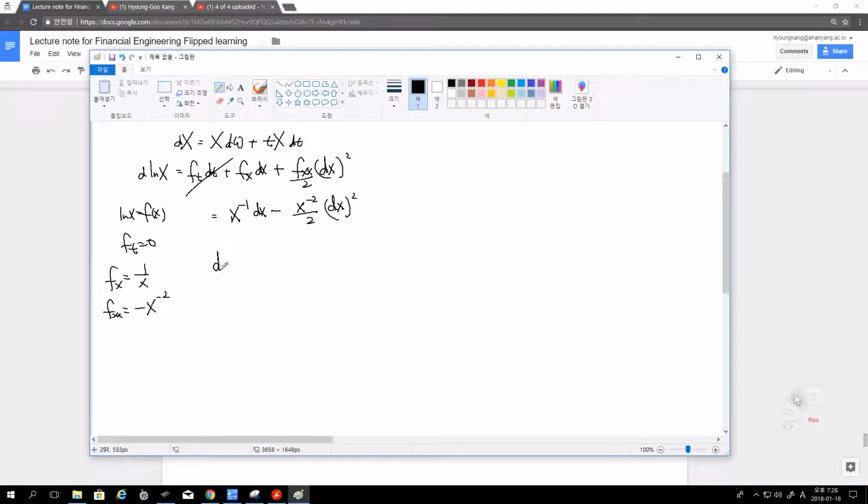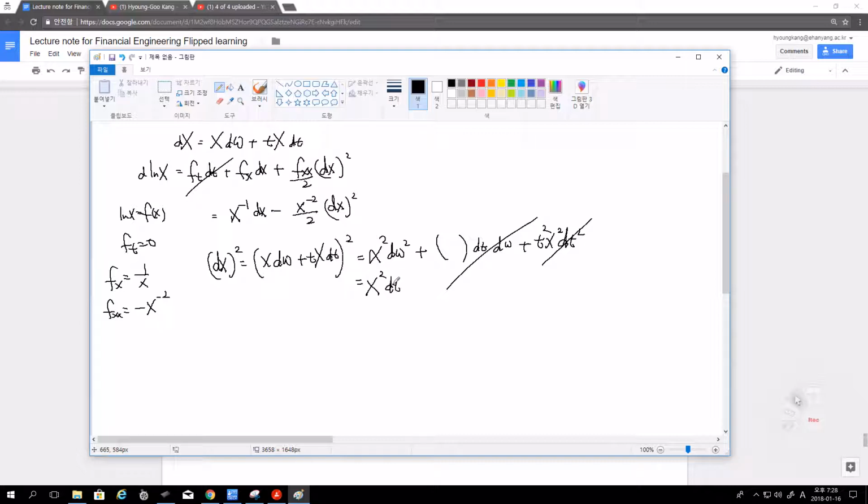But dx squared is (x dW + t x dt) squared, so basically x squared dW squared plus something dt dW plus t squared x squared dt squared. The cross term and the dt squared term are 0, so we have only x squared dt. Writing it down, it is dx over x minus dt over 2.